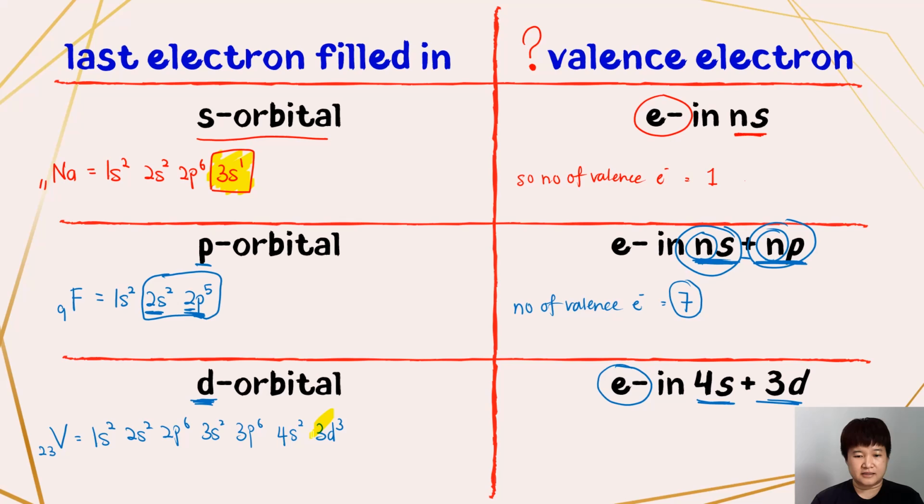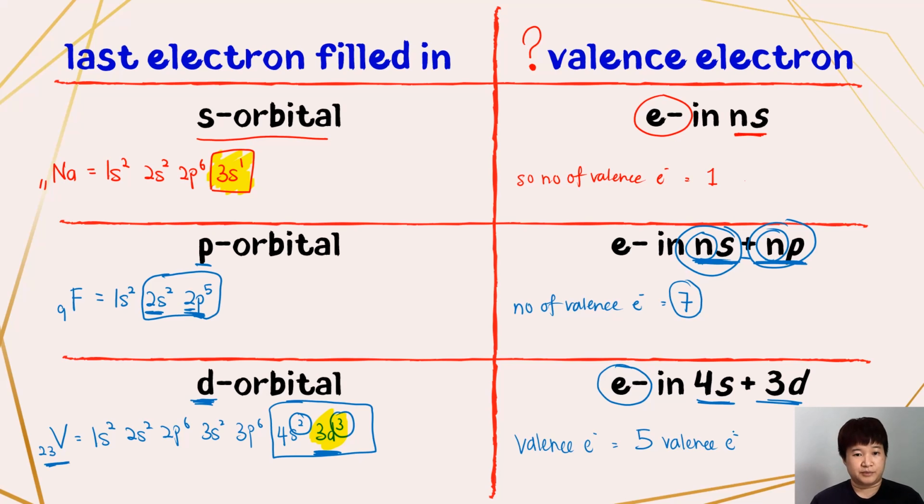And as you can see, the last electron goes into the d orbital. The valence electrons will be those in the 4s and 3d. In the 4s, I have 2 electrons. In the 3d, I have 3 electrons. In other words, vanadium has 5 valence electrons.